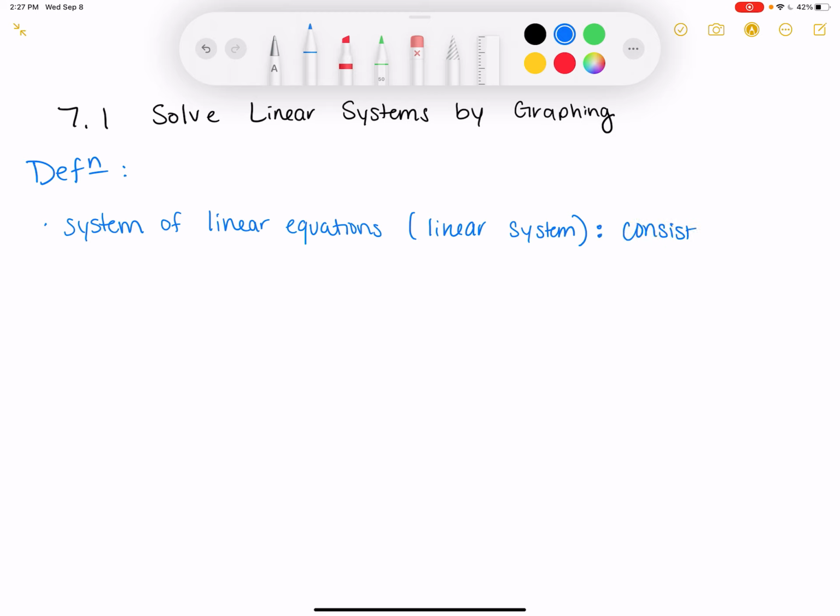It consists of two or more linear equations in the same variable.